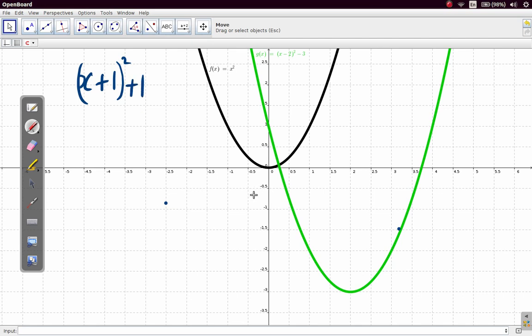Where do you think the graph would be? This graph, let's take it as the green graph. Where do you expect it to be?